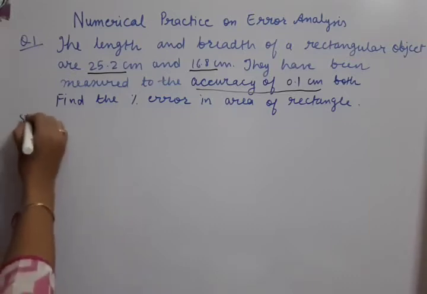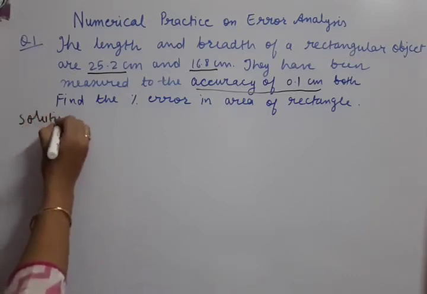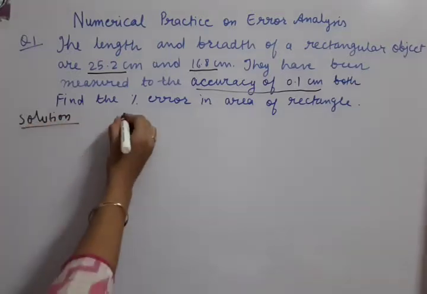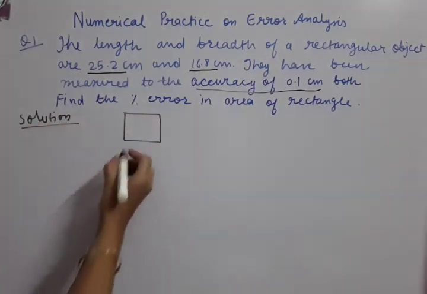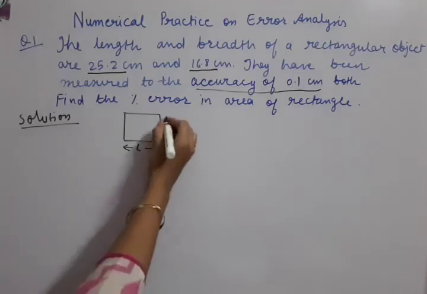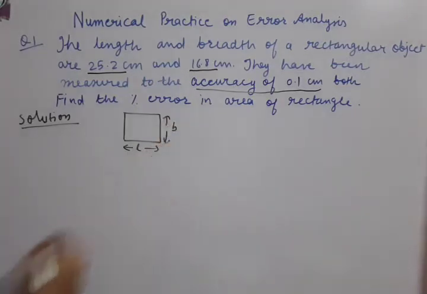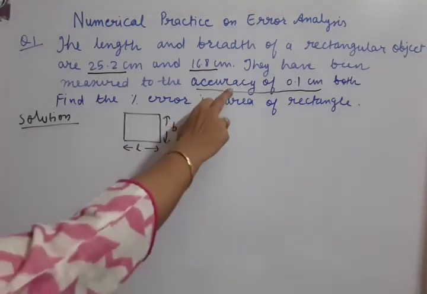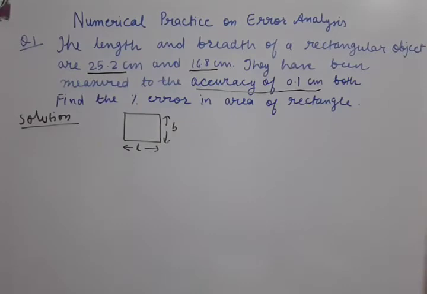So students, we are given a rectangle and the length and breadth are given. Now these length and breadth are measured through some experiment, so they have some errors. Now how to get this idea about the error value?